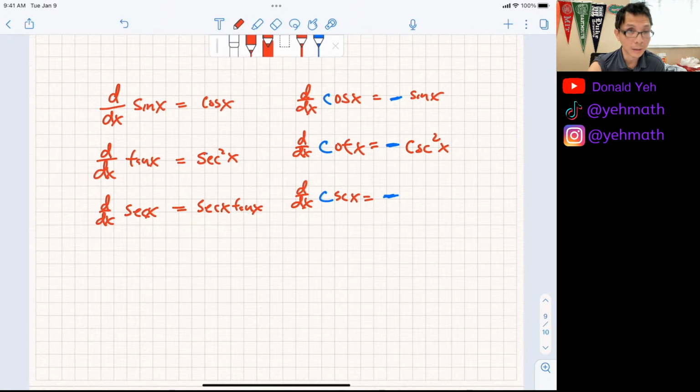What's the derivative of cosecant of x? Negative cosecant of x and then cotan of x. Does that make sense?